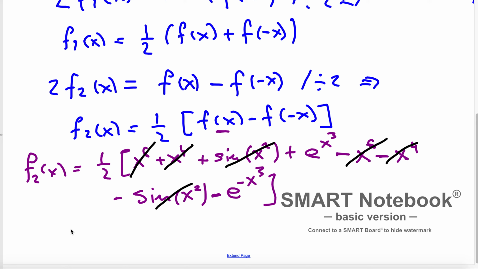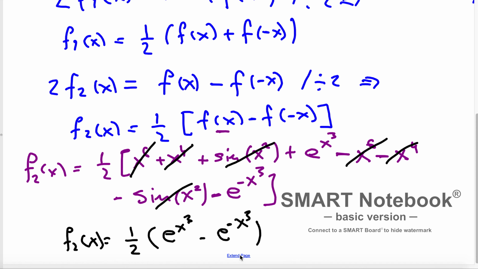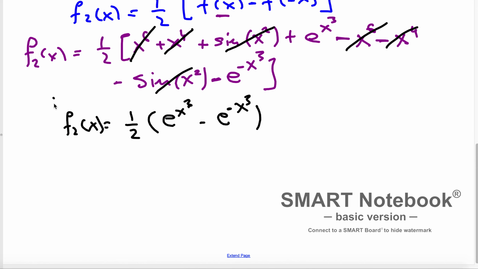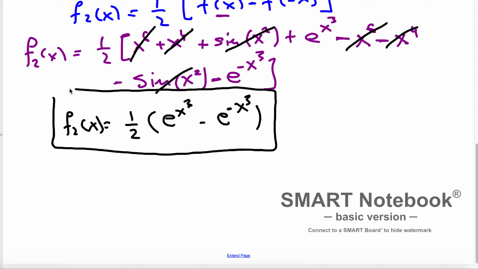And what remains here, f2 of x is going to be equal to 1 over 2, and what remains inside is e to the x cubed minus e to the minus x cubed. So this is what is going to remain. And f2 we already found is equal with 1/2 times e to the x cubed minus e to the minus x cubed.